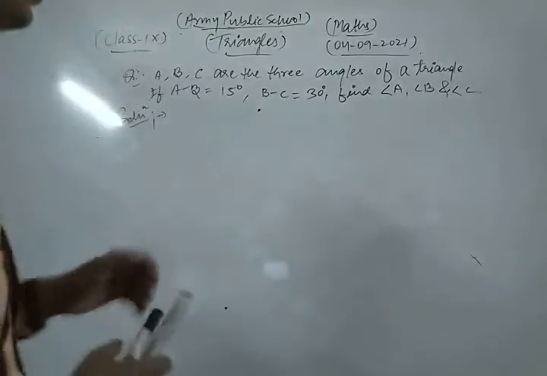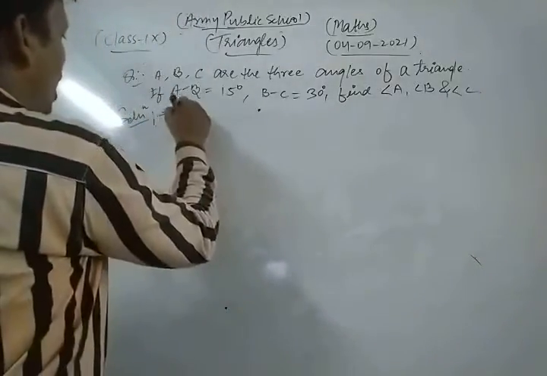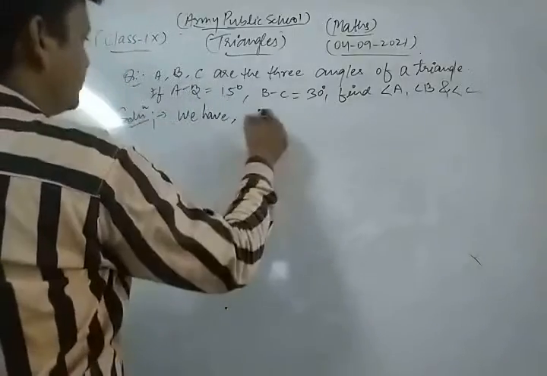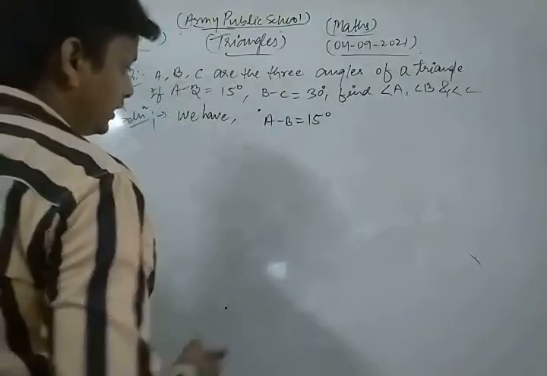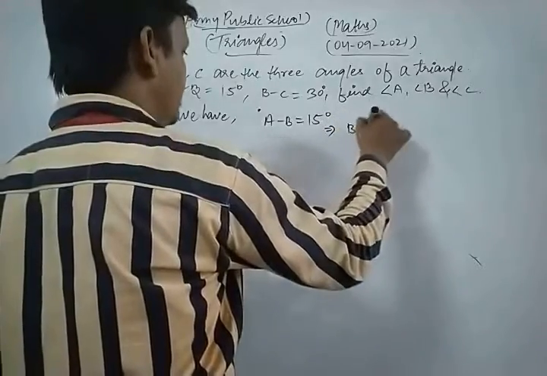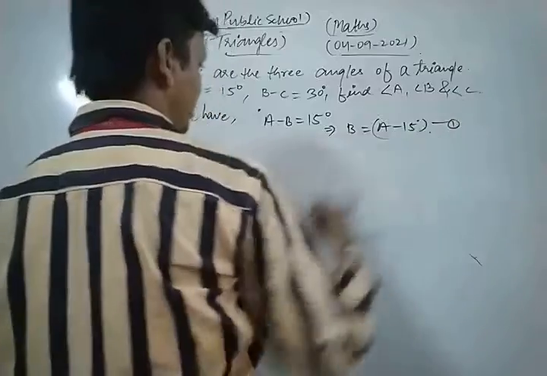So first of all, we have A minus B is equal to 15. So from there we write angle B is equal to A minus 15. Take this as equation number 1.